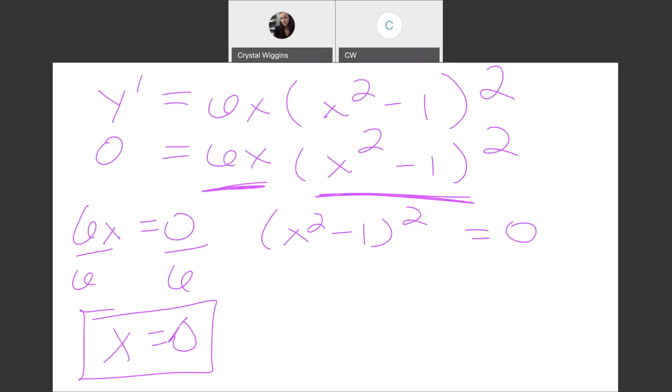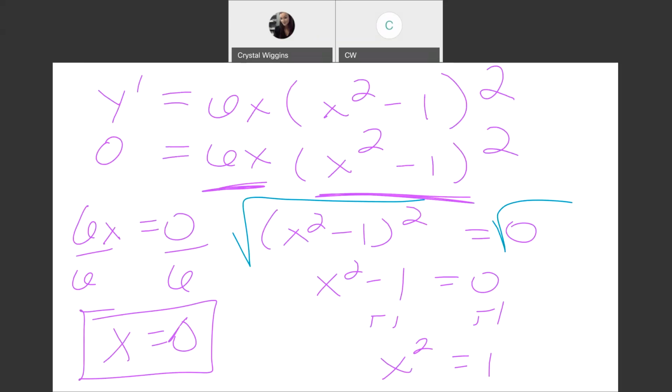Okay, square root both sides here. Square root of 0 is just 0, so no change there. We have x squared minus 1 equals 0. Add 1, add 1. I have x squared is equal to 1. Now, when we do this square root at the end, we do need the plus or minus because that does give us two critical values.